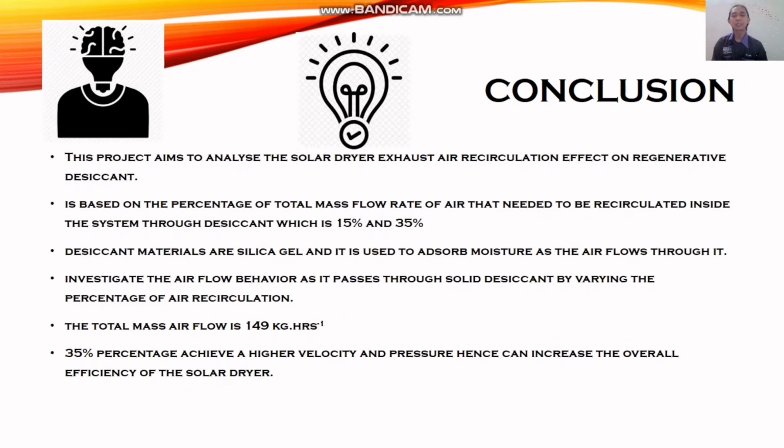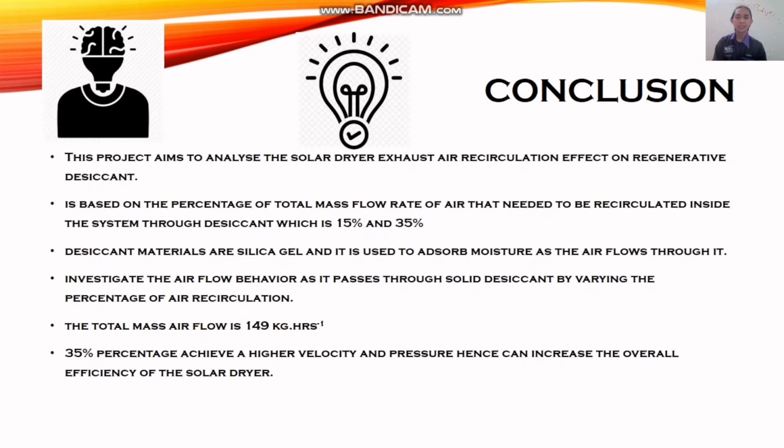Okay, as a conclusion, the project aims to analyze the solar dryer exhaust air effect on regenerative desiccant. It is based on the percentage of total mass flow rate of air that needed to be recirculated inside the system through the desiccant, which is 50% and 35%.